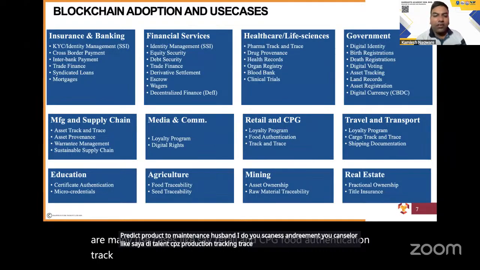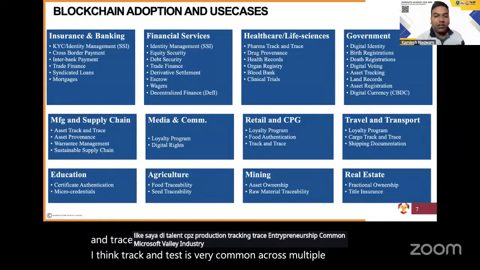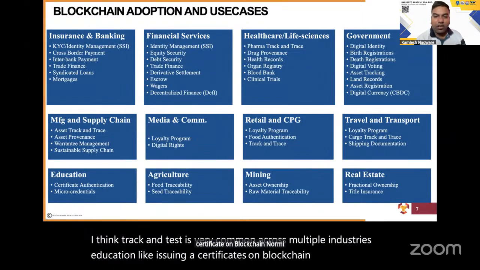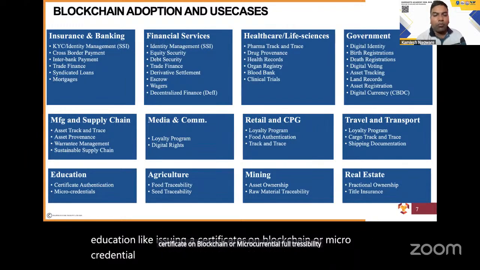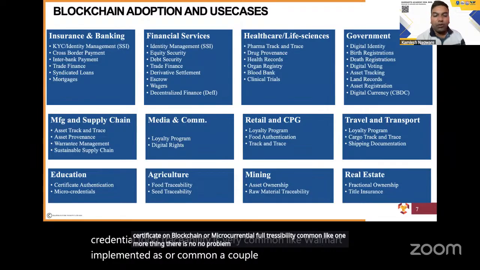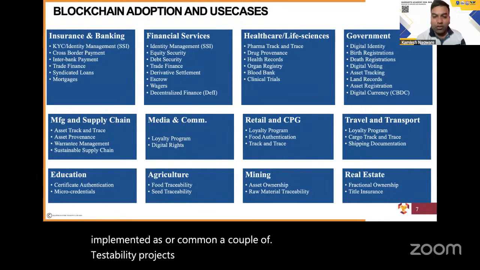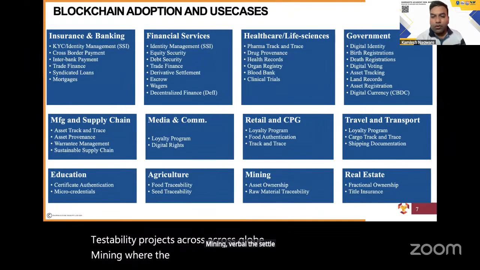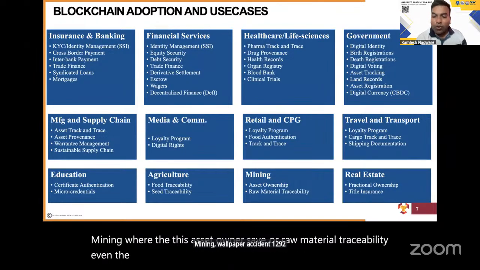I think track and trace is very common across multiple industries. Education, like issuing certificates on blockchain or micro-credentials. Food traceability is very common, like Walmart implemented it, or a couple of traceability projects across the globe. In mining, there is asset ownership or raw material traceability, even mining tokenization, gold mining tokenization.